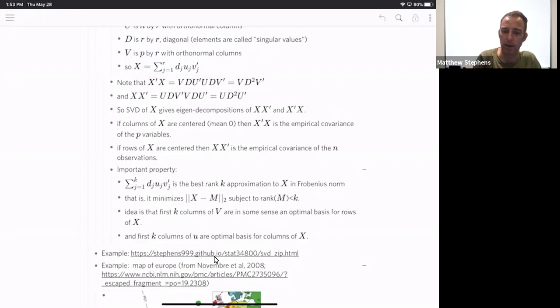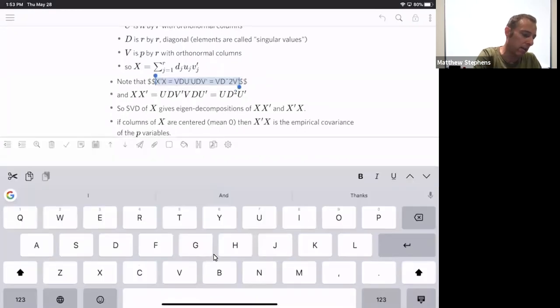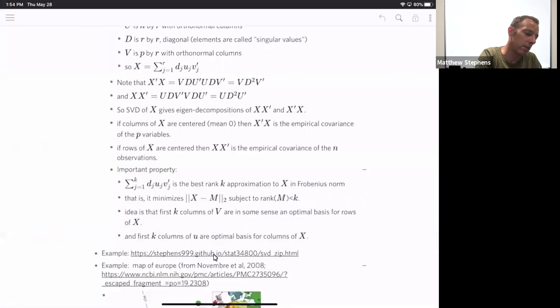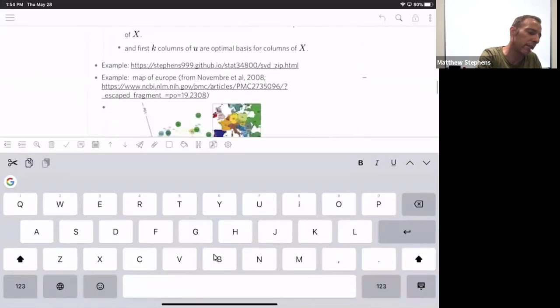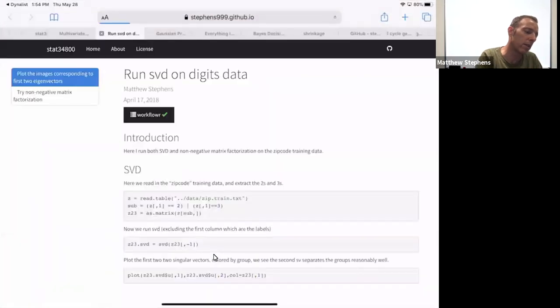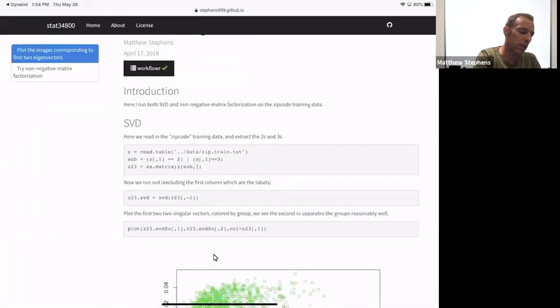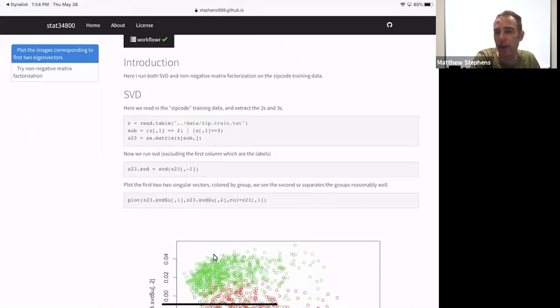So let's have a look at an example here. This one, the SVD. Okay, so this is the zip code training data we looked at earlier. I've just looked at the images that are either a 2 or a 3 here. That's what this code does, it extracts the images that are 2s and 3s.